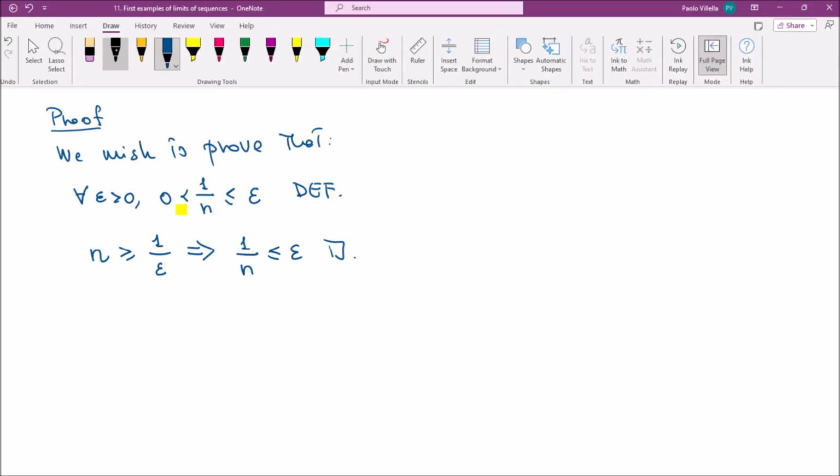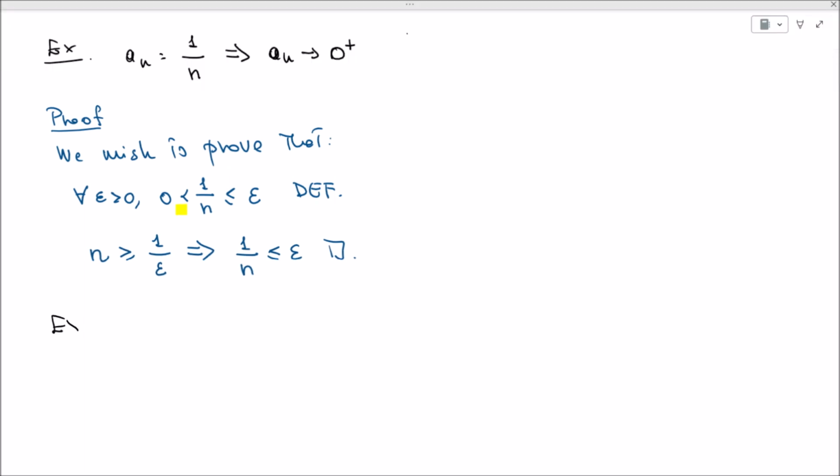Okay, another example of a sequence could be the following: a_n equal to minus 1 raised to the n. And we know that this sequence has no limit, because this will attain values minus 1, 1, minus 1, 1.